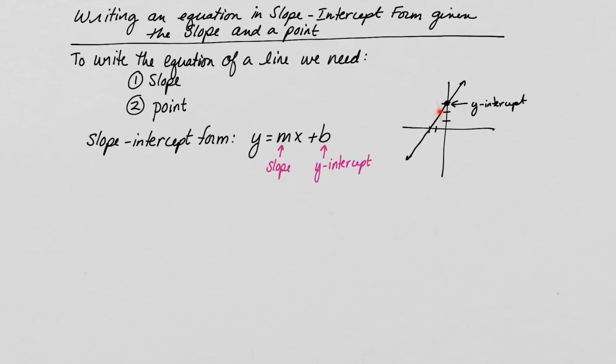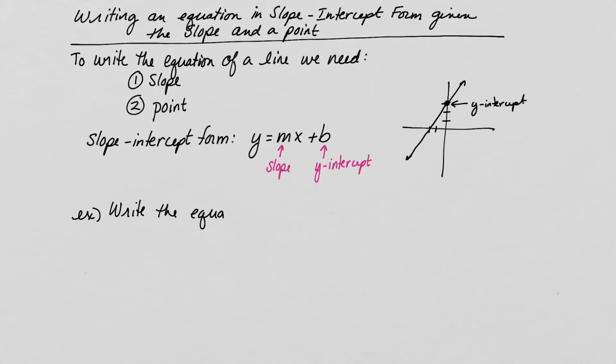But we're usually not given the graph to try to find the equation of the line. We're usually given other information. So for example, rather than find, I really should say write. That's the correct term.